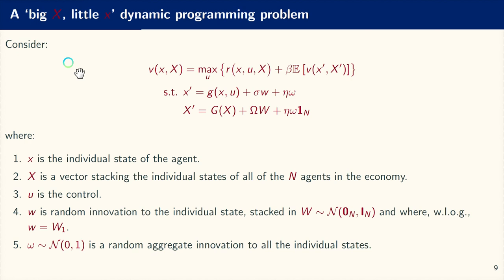V is going to be the value function, and the value function is going to also depend on a vector big X that stacks all the individual states of all the agents in the economy.